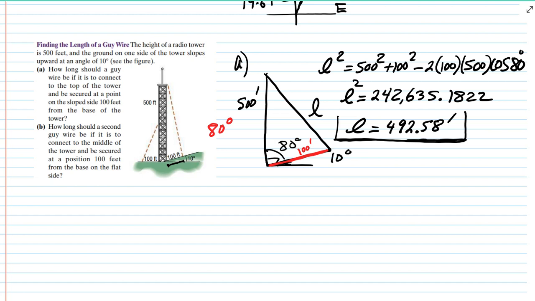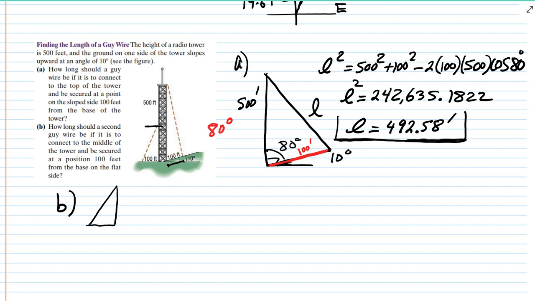Now, on the other side, part B. In part B, the question is, how long should the second guy wire be if it is to connect to the middle of the tower? The middle of the tower, so the triangle now looks like this.